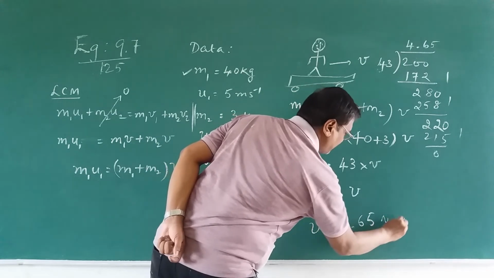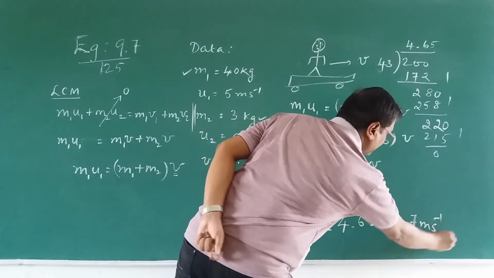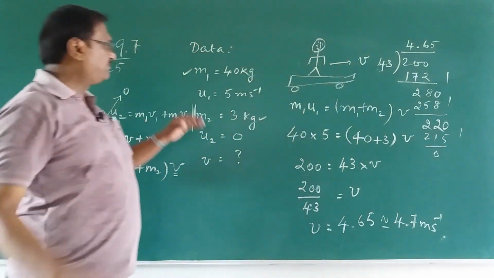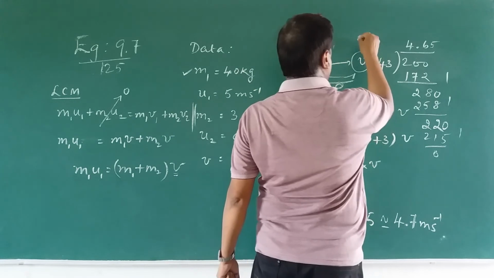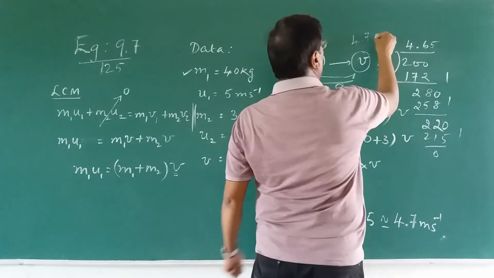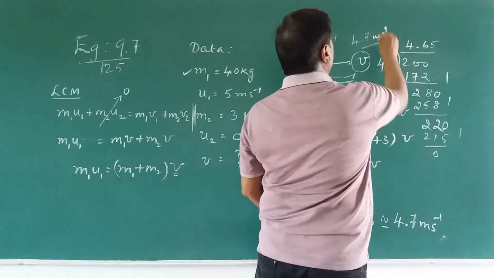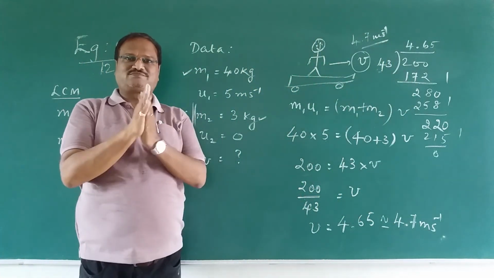So V is approximately equal to 4.7 meter per second. So both will travel with a common velocity of 4.7 meter per second. Okay, dear students, I hope you understand what I have taught you.